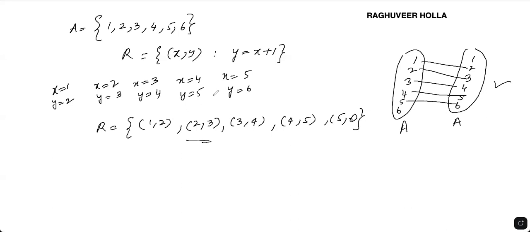Now let us have a look at how we can relate it to whether it is an equivalence relation or not. To prove that it is an equivalence relation, we have to prove that it is reflexive, symmetric, and transitive.